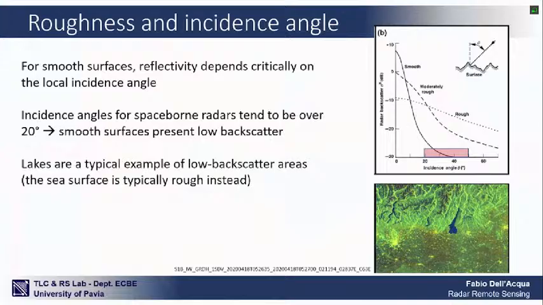So in that intermediate case, typically what happens is that no surprises. If you have mirror reflection, you don't get anything, and you see the black river. If the surface becomes increasingly rough, I will get increasing returns.